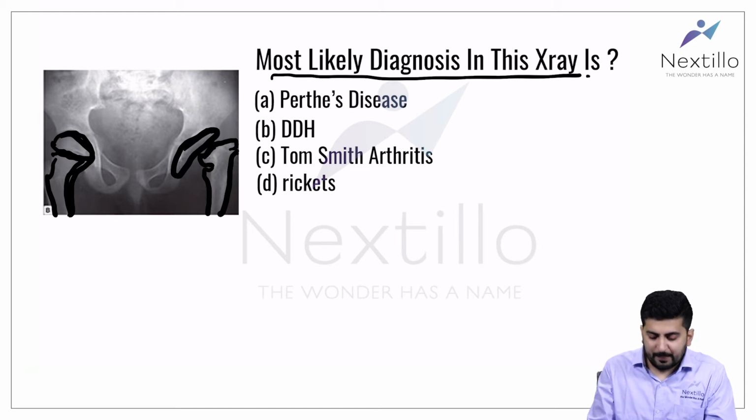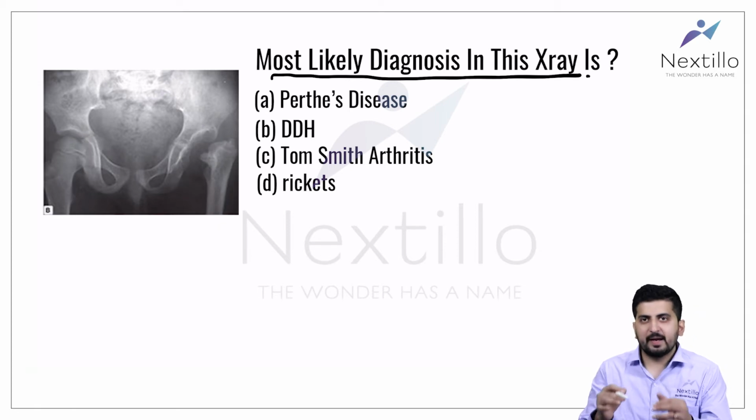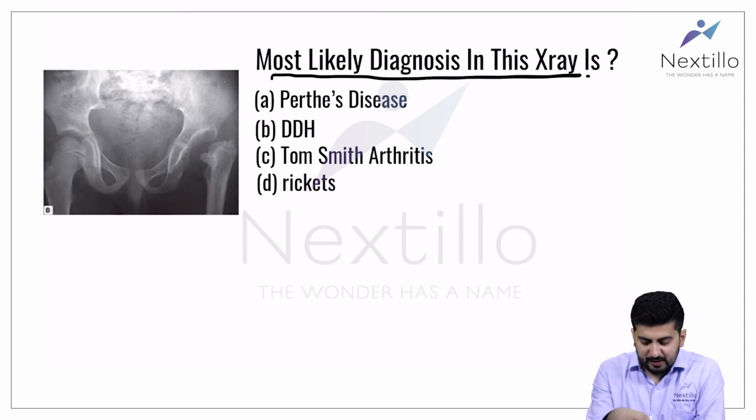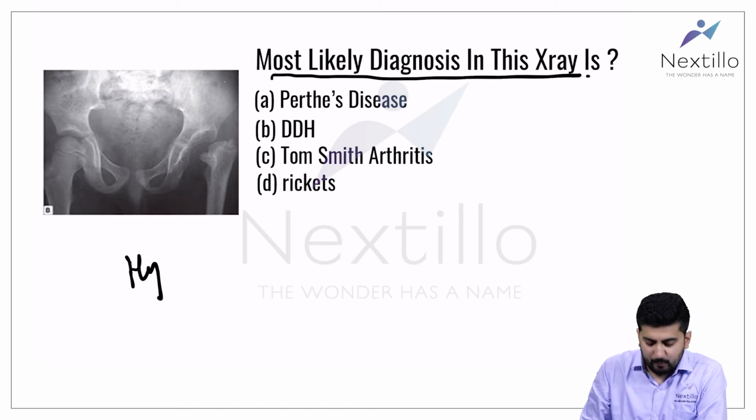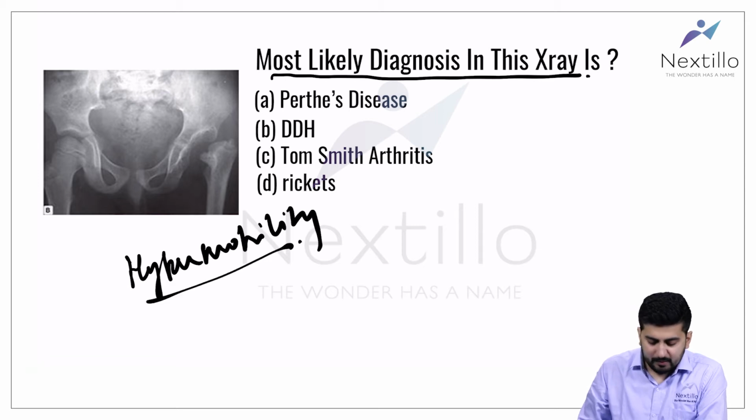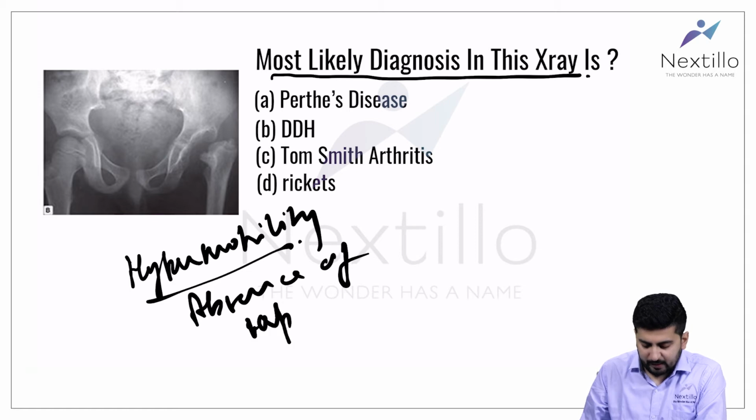Now, femoral capital physis can be missing in cases where there is an infection of the joint which leads to destruction of the joint and hence can cause an absence of the femoral capital physis and hypermobility. Absence of capital epiphysis.